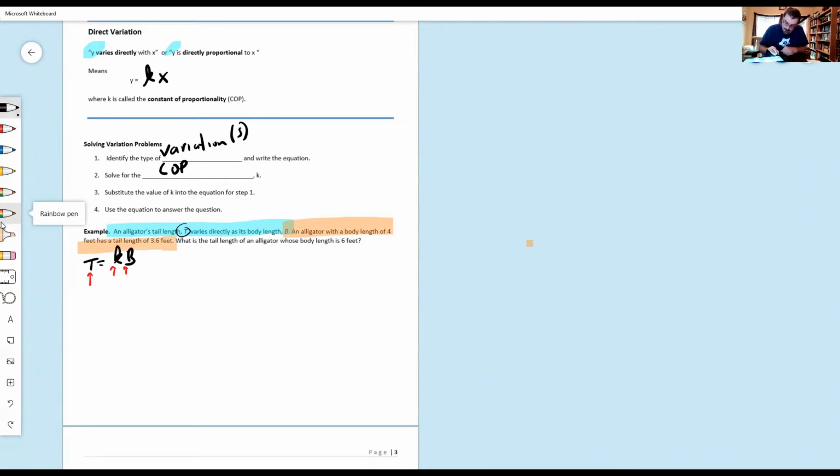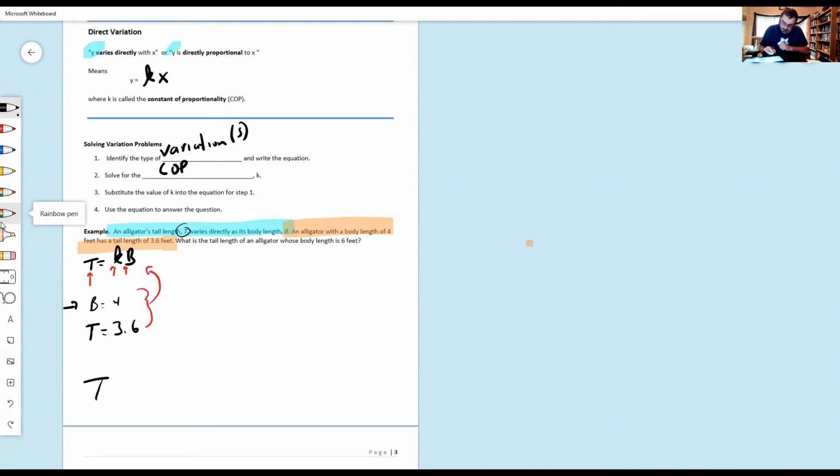So body length is 4. Tail length is 3.6. Okay. So we're going to plug this information right here into that.